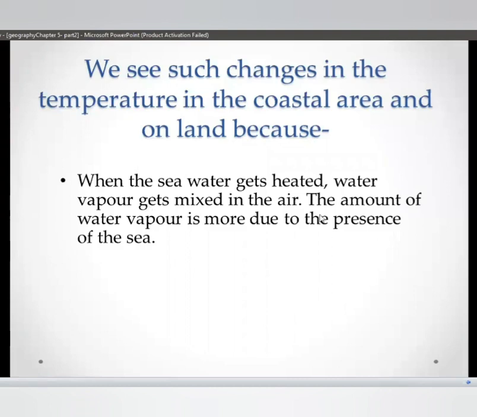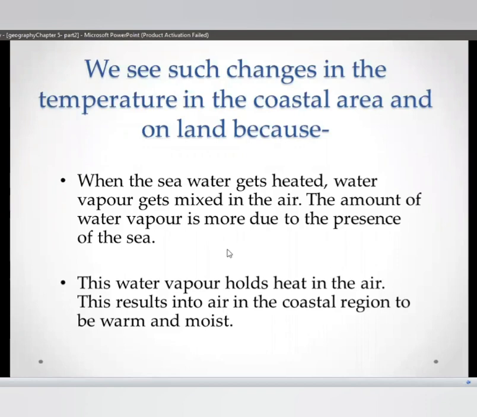Understand this statement carefully that सी वाटर के ऊपर का जो एयर है, वो एयर में वाटर वेपर ज्यादा होता है. क्यों? क्योंकि वहां पानी की अवेलेबिलिटी ज्यादा है. Whereas this water vapor holds heat in the air. This results into air in the coastal region to be warm and moist.